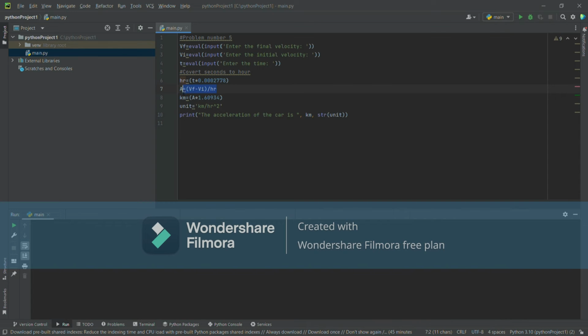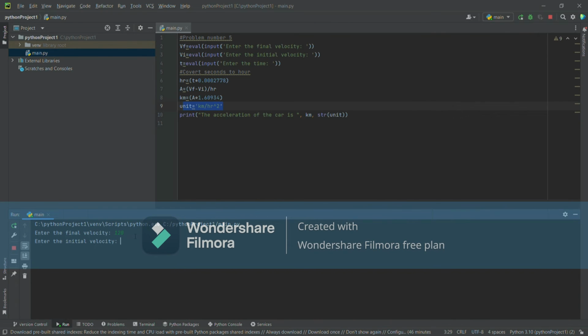And to convert the final answer into kilometers, the acceleration is multiplied by 1.6934. This 1.6934 is the value of 1 mile in kilometers. The unit will be kilometer per hour squared. So if we run this program, the final velocity is 120.